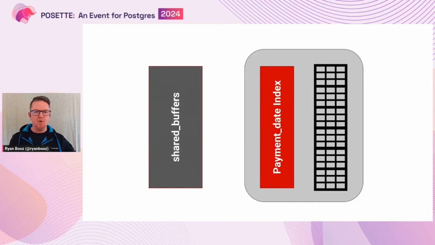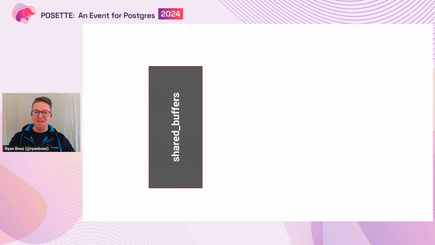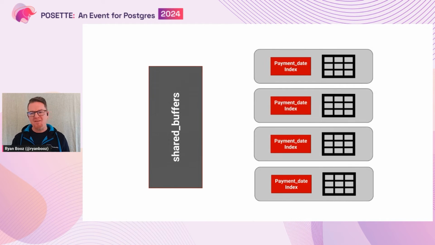If you're only looking at the most recent day of data, you want to have enough shared buffer to retain that. The problem is, particularly when there's random access of data and it continues to grow and grow, we get to the point where this index is so big as one major index and the data and the tables that it represents that it starts to occupy most of shared buffers. And then that means as we do more queries, it's hard to do it efficiently. We have to push data out and pull new data into that cached space.